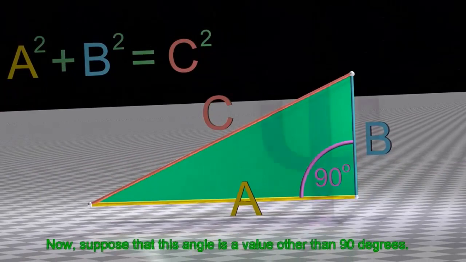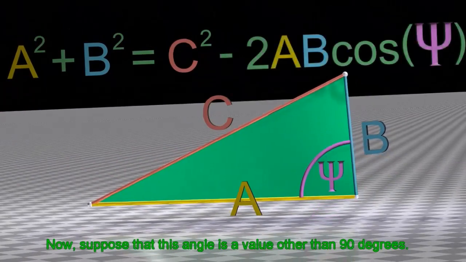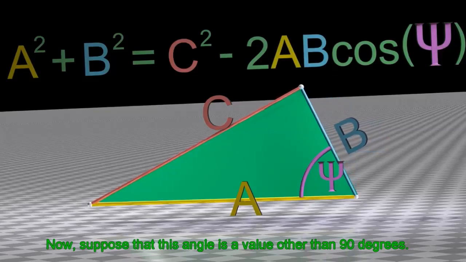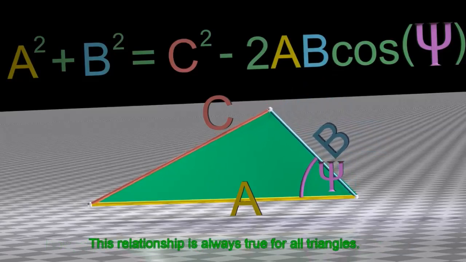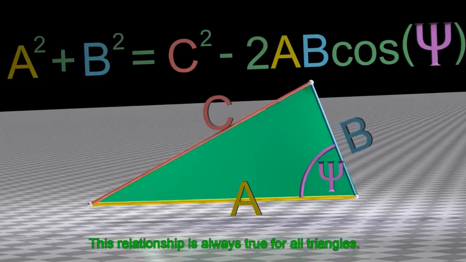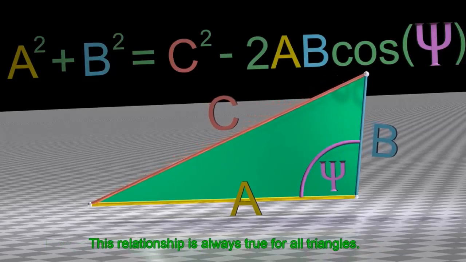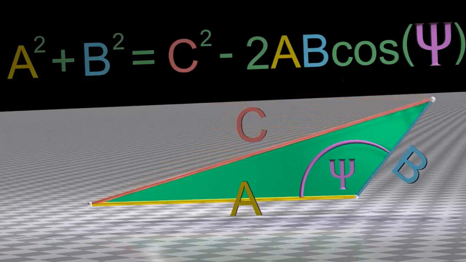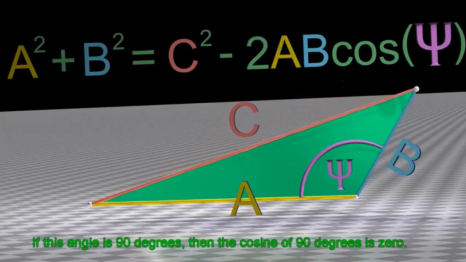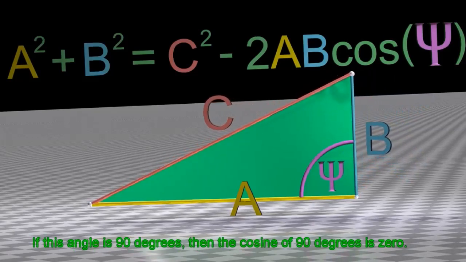Now, suppose that this angle is a value other than 90 degrees. This relationship is always true for all triangles. If this angle is 90 degrees, then the cosine of 90 degrees is 0.